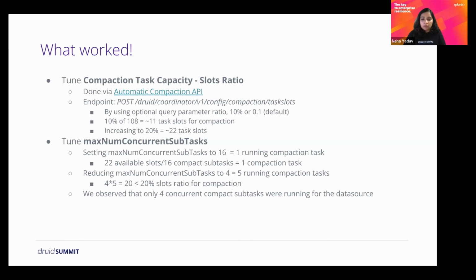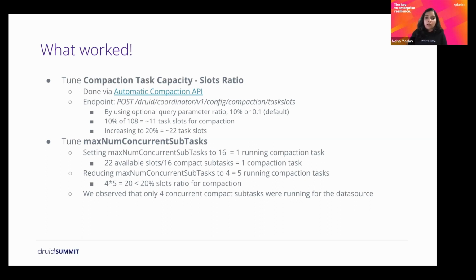On further investigating, we found out that even though we had set maximum concurrent subtasks to 16 in our compaction spec, only 4 concurrent subtasks were being spawned at a particular time. So that made us think that maybe we should switch maximum concurrent subtasks to 4, and maybe that would help in spawning more concurrent compaction tasks. And that is what happened.